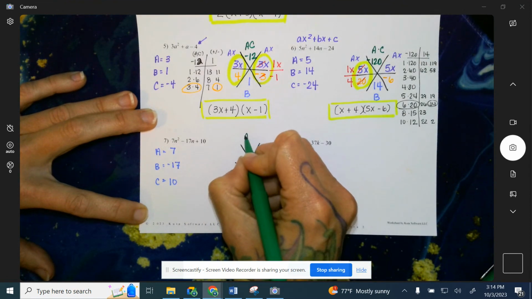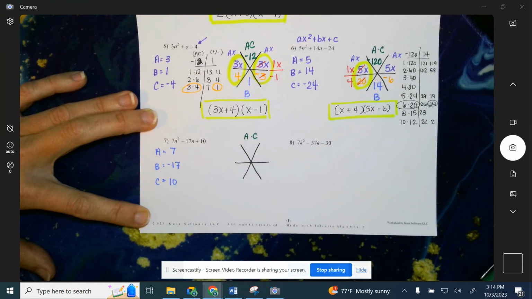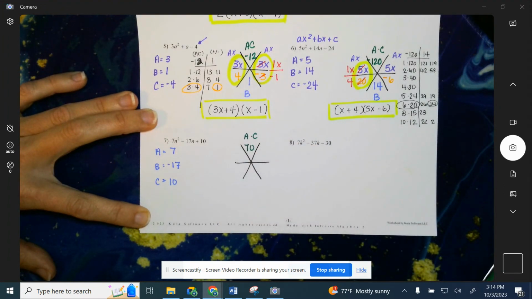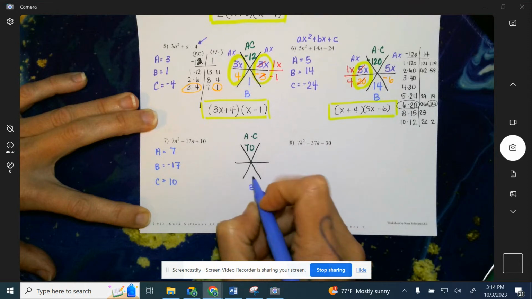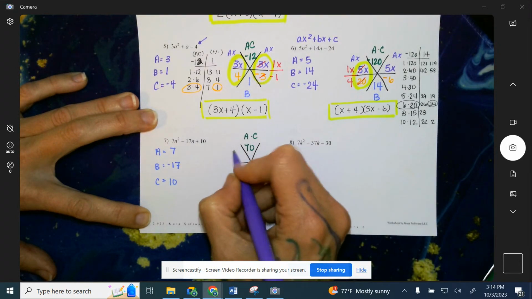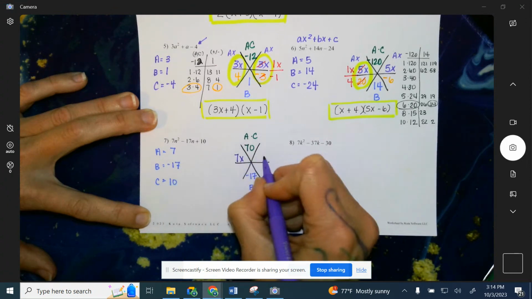Top of the star, A times C, and that's going to be 7 times 10, which is going to give us 70. Bottom of our big star is going to give us our B. Upper corner is AX, in this case A is 7, so it's going to be 7X.